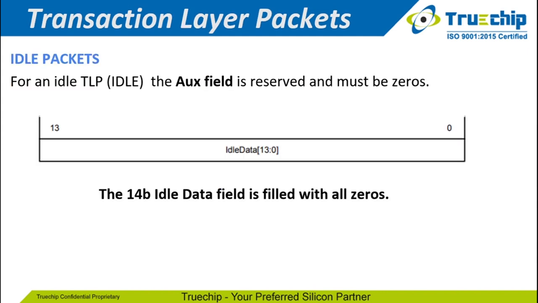So here is the idle packets. For an idle TLP, the aux field is reserved and must be zeros. So this is the idle packet which is of 14 bits where all the bits are zeros, and the aux fields which are reserved are of 5 bits.